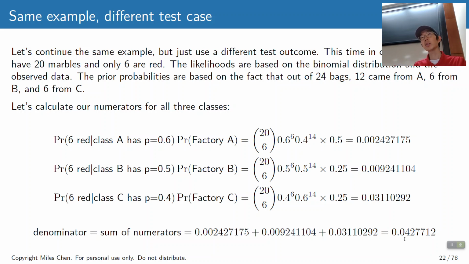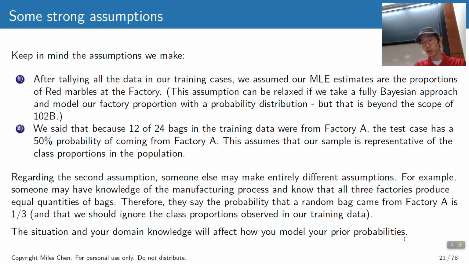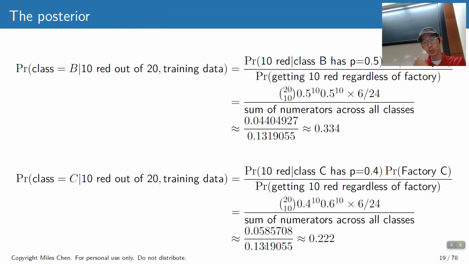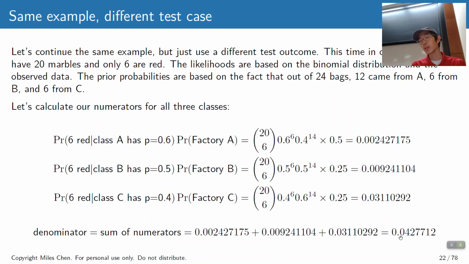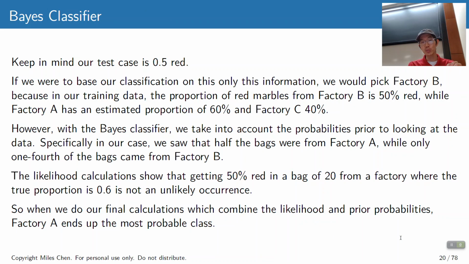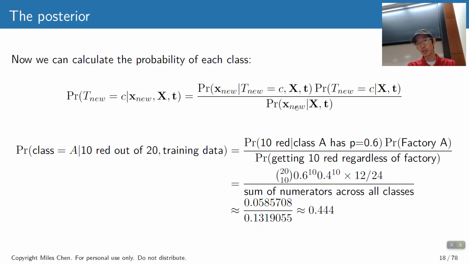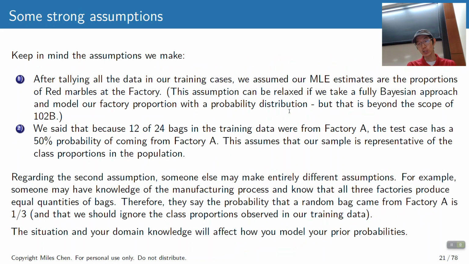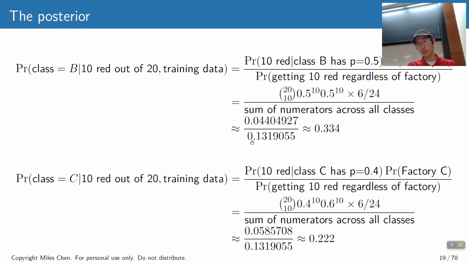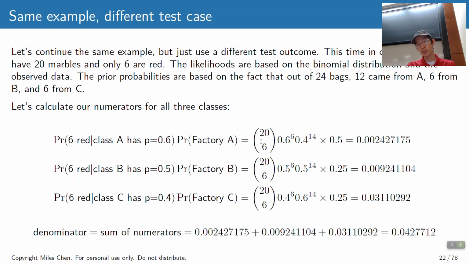When you look at this marginal of 0.04 versus the marginal of 0.131, it's saying it's much less likely that you'll get a bag with only 6 red marbles than with 10 red marbles. The overall probability of getting 10 red marbles is 0.1319, and the overall probability of getting only 6 red marbles is lower at 0.04.